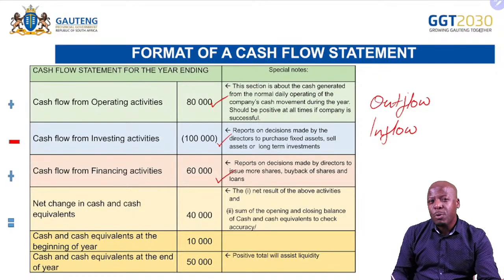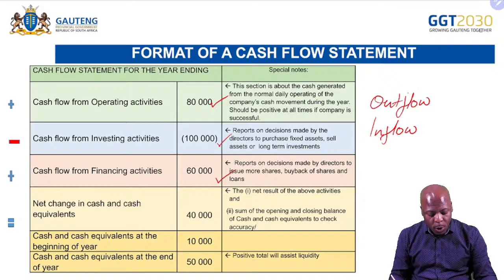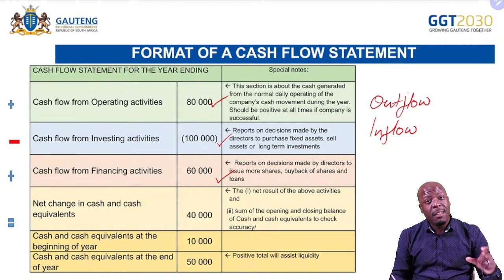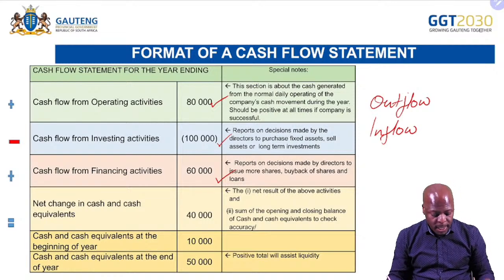If you don't put a bracket and yet it is a cash outflow, you're telling the examiner that you're interpreting this as a cash inflow, then you will be marked wrong. So brackets are very, very important in the preparation of a cash flow statement. As you can see here on our cash flow from investing activities, there is an outflow of 100,000. Hence, we have brackets. But if you look at the financing activities, we have an inflow, no brackets.